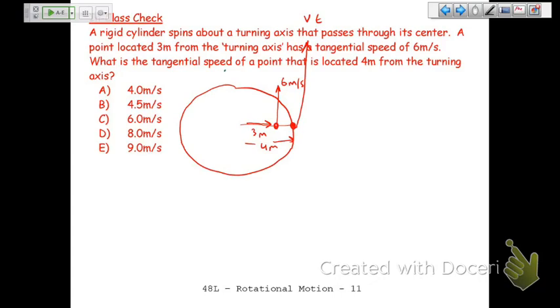So the angular velocity of A is equal to the angular velocity of point B. Let's call this A and that point B. And my angular velocity of A is my tangential velocity of A over my radius of A. And this equals my tangential velocity of B over my radius of B.